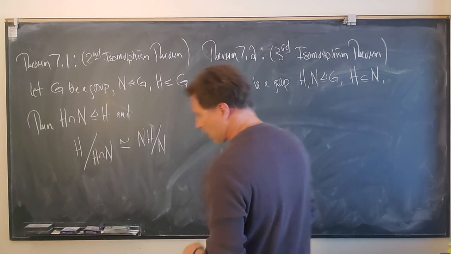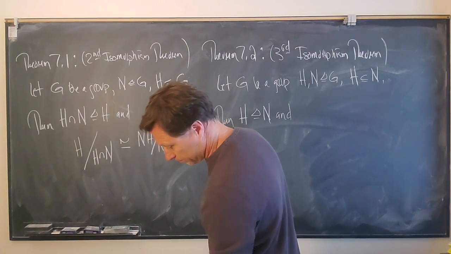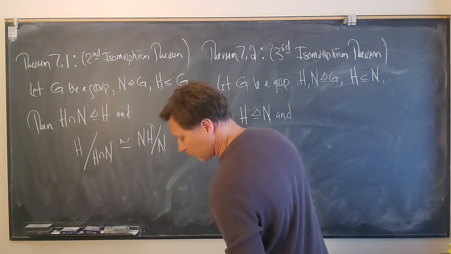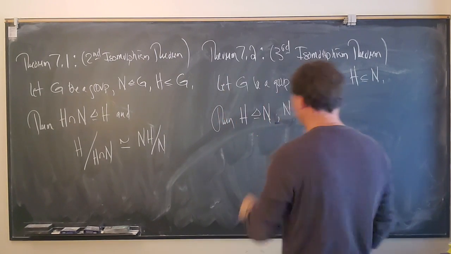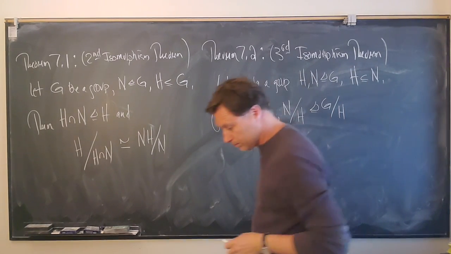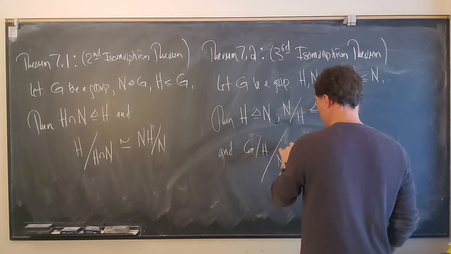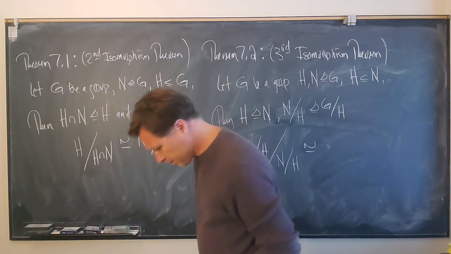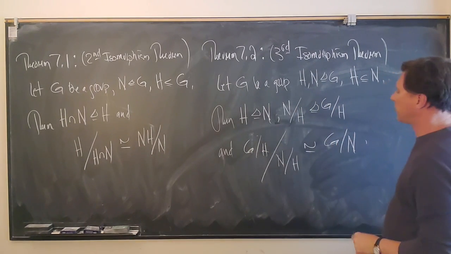Then H is a normal subgroup of N, and when we look at the quotient, N mod H is a normal subgroup of G mod H. And when we look at the quotient (G mod H) mod (N mod H), that's isomorphic to G mod N. So this one you proved in class.